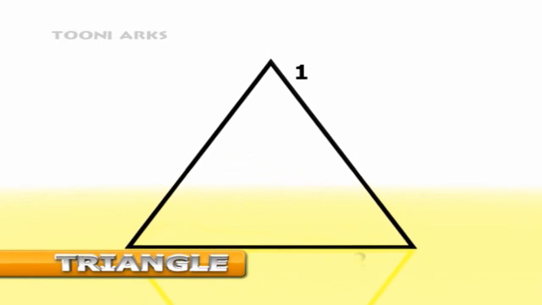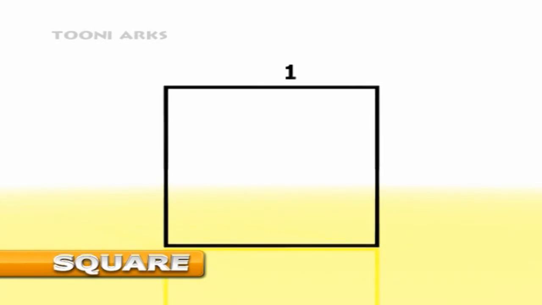It has 3 sides. This is a square. A square has 4 equal sides. 1, 2, 3 and 4.